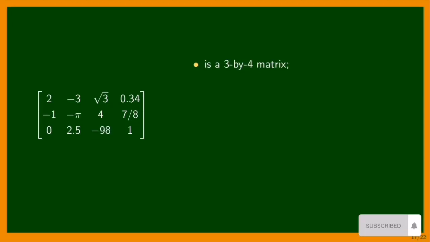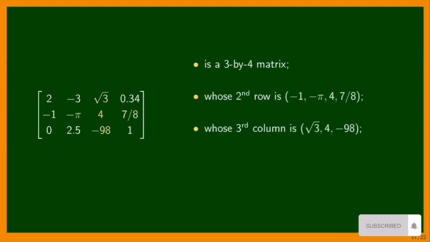It has 3 rows and 4 columns. The second row is the vector -1, -pi, 4, 7 over 8. The third column is the vector square root of 3, 4, -98. The 2,3 entry of this matrix is 4.